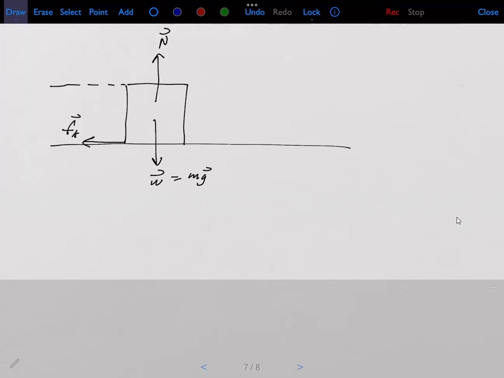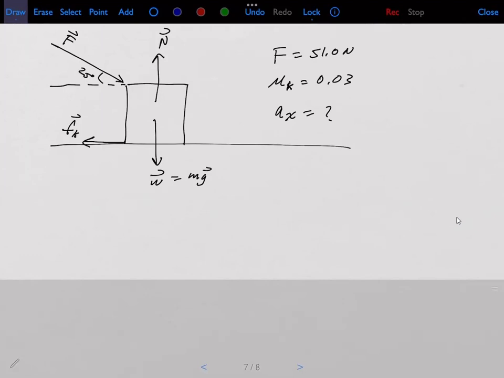The value is 51, acting down like this at the same angle, 25 degrees. So I know this is 51.0 newtons. And I know now that mu k is 0.03. And I want to find ax. That's what I'm looking for. What's the acceleration of this block now?